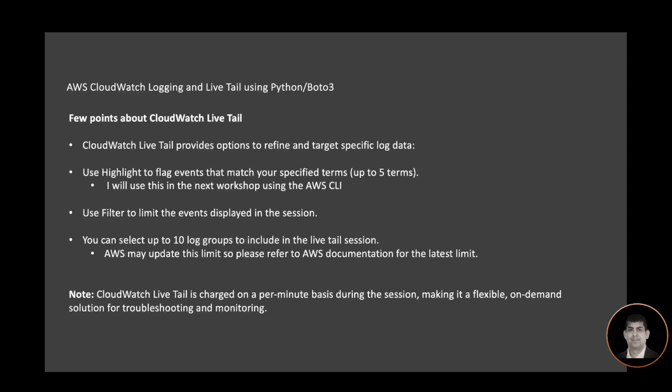So this I will be using in this workshop, and you can select up to 10 log groups to include in the live tail session. I'm selecting 1 in this example. Now, one point to note here is that CloudWatch live tail is charged on a per minute basis during the session, making it a flexible on-demand solution for troubleshooting and monitoring. So you use it when you need it, and then after that you kill the session.